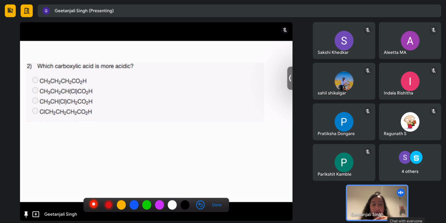Now, the placement here is also important because inductive effect depends on two factors: the kind of substituent, that is Cl, which is the same, and the distance of chlorine from the main group, that is carboxylic acid here, because carboxylic acid loses an H to form the carboxylate ion.